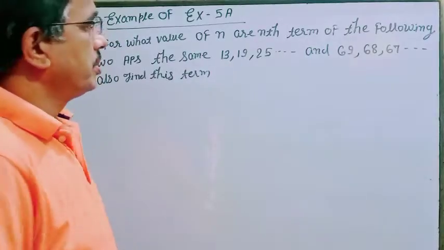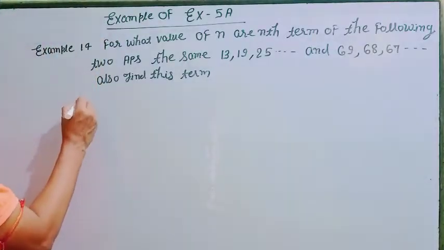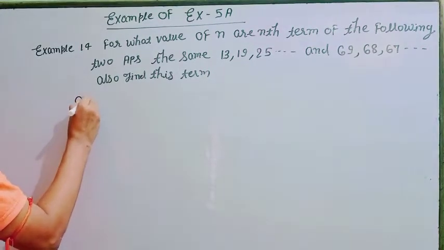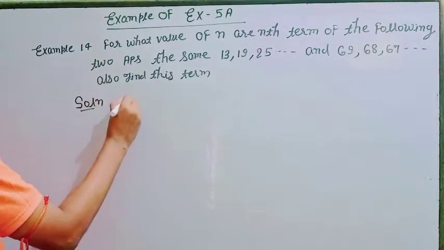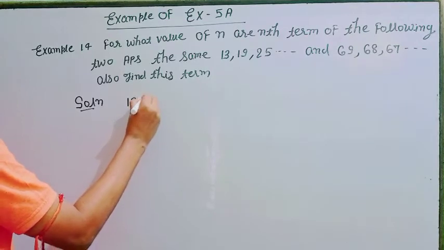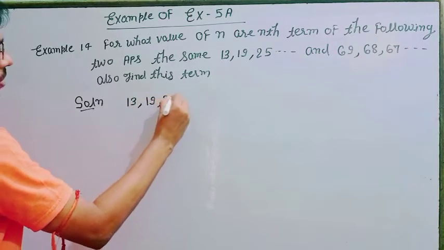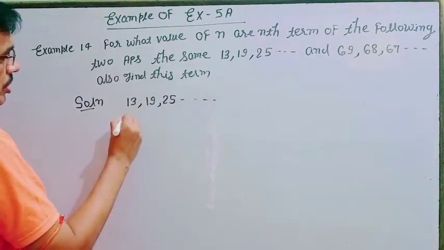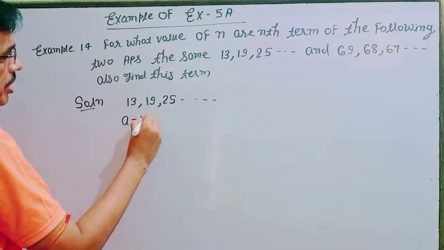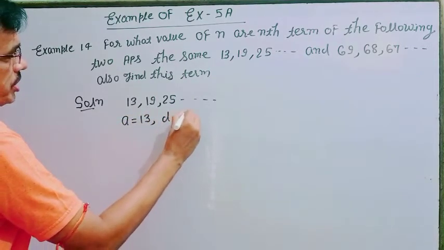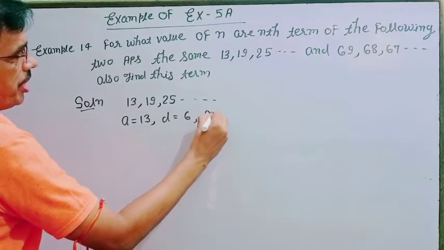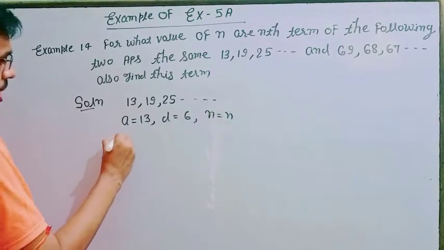So write the solution. The first AP is 13, 19, 25, and so on. So a is equal to 13, d is equal to 6, and n is equal to n. So what is Tn?